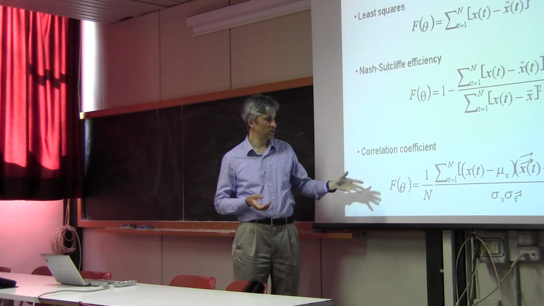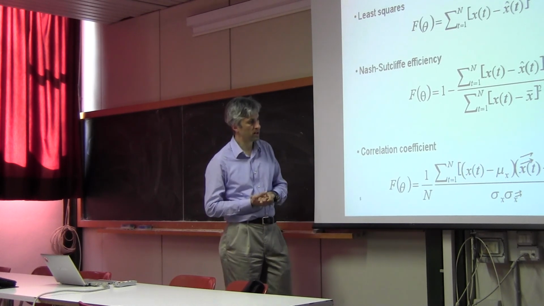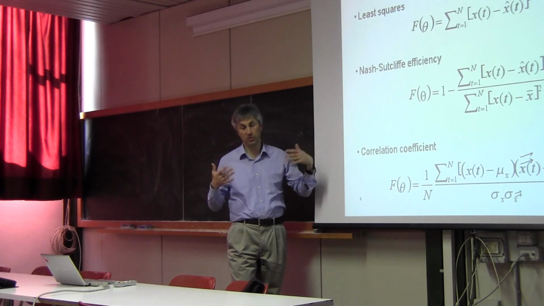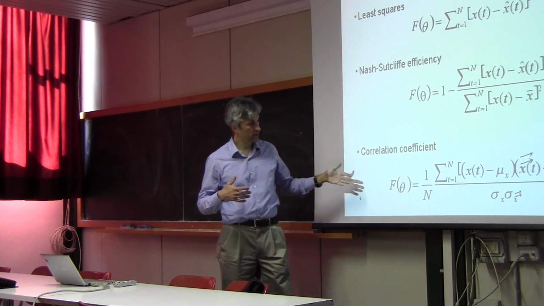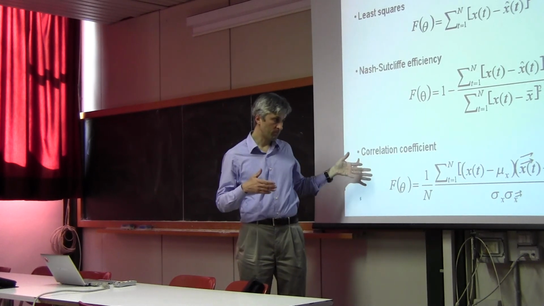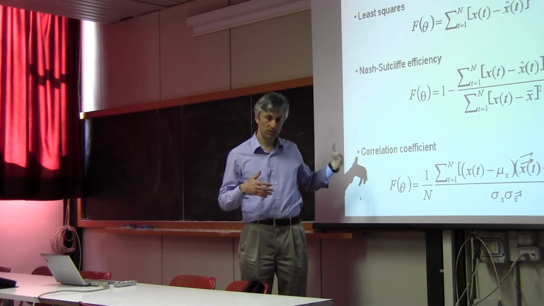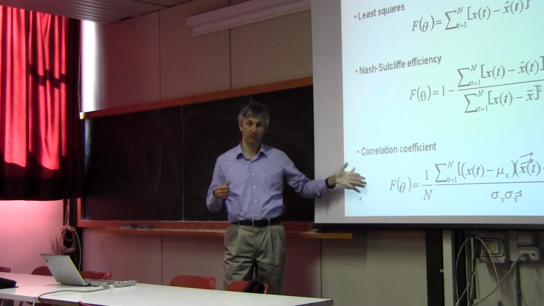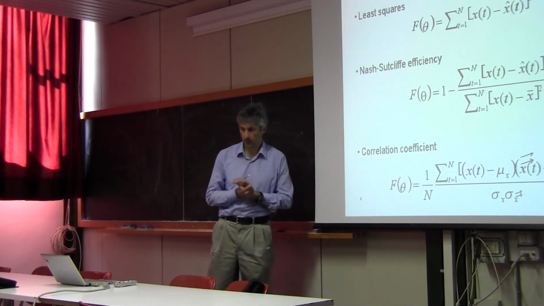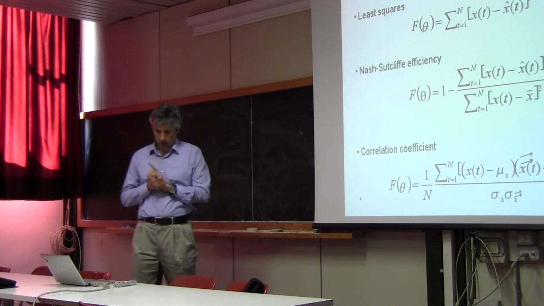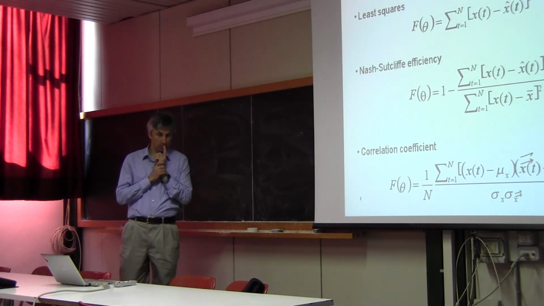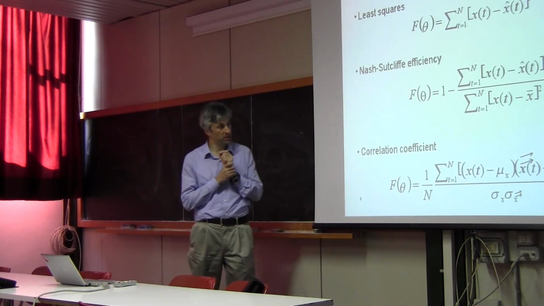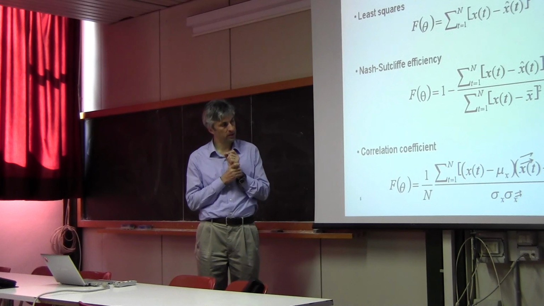Basically this is an index that varies between -1 and 1. I'm not providing any proof for this, where good performances correspond to values of the correlation coefficient that are close to 1.